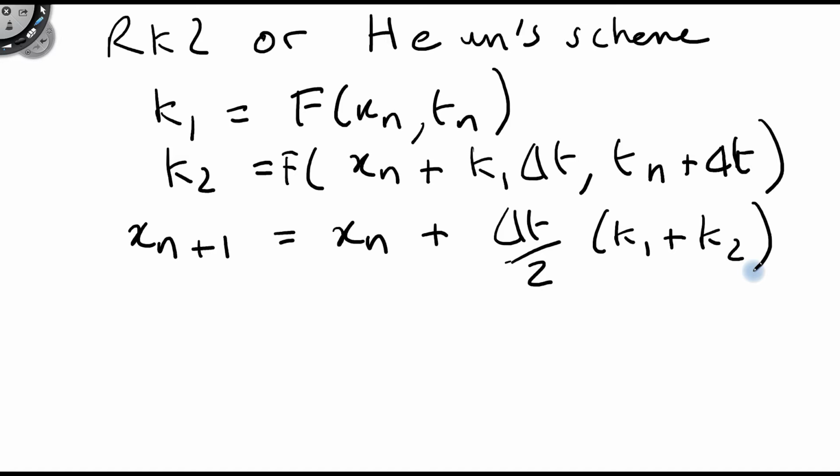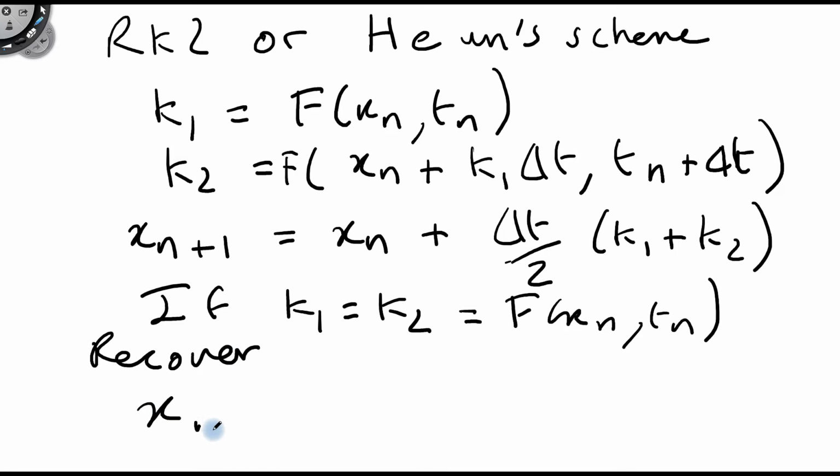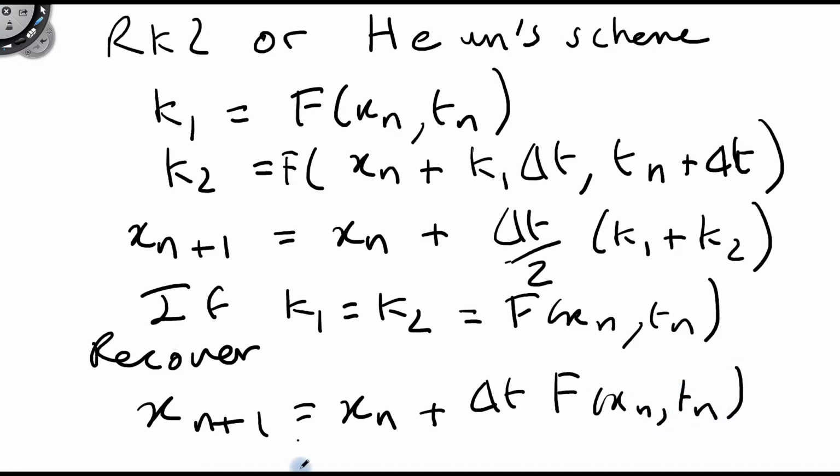But also I want to show you that if k1 equals k2, which is f of x_n, we recover x_{n+1} equals x_n plus delta t times f of x_n, t_n. So this is our forward Euler.